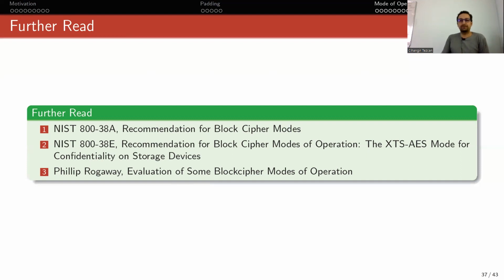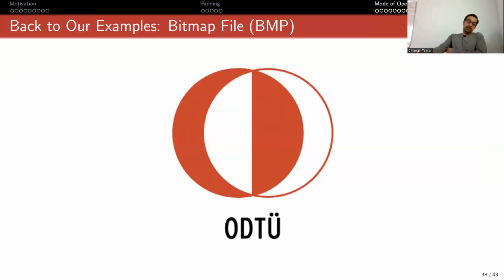So let's go back to our motivation and see why counter mode of operation is good. By the way, I always suggest using counter mode of operation, but due to the ransomware problem, people think the problem was due to counter mode of operation.